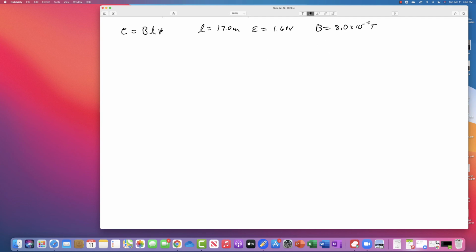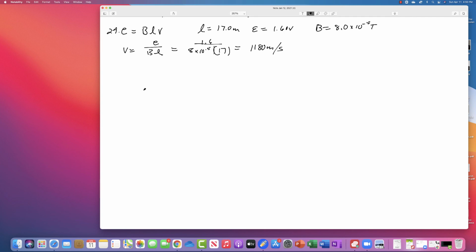Now, if we rearrange this equation for V, we get E over BL, and so that's going to equal 1.6 over 1.8 times 10 to the minus 5 times 17. And if you do the math here, you get 1180 meters per second, which is cooking.